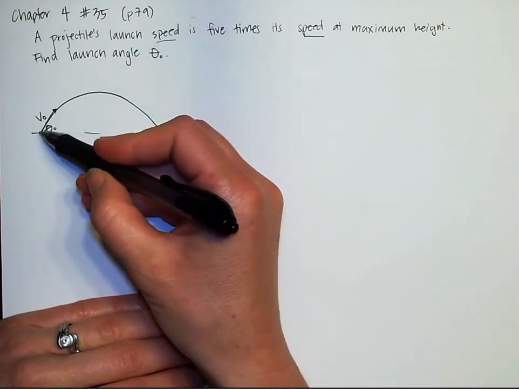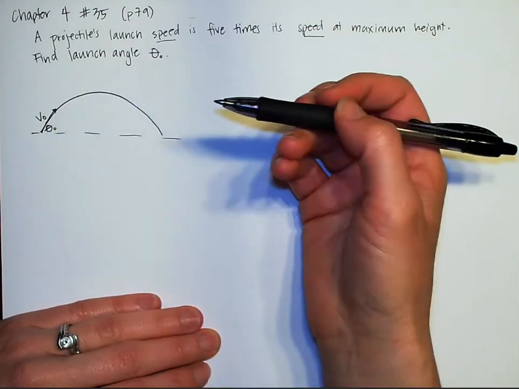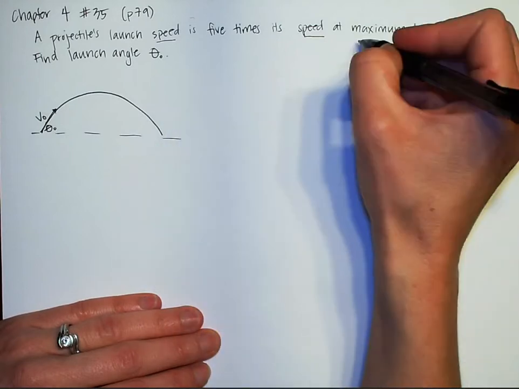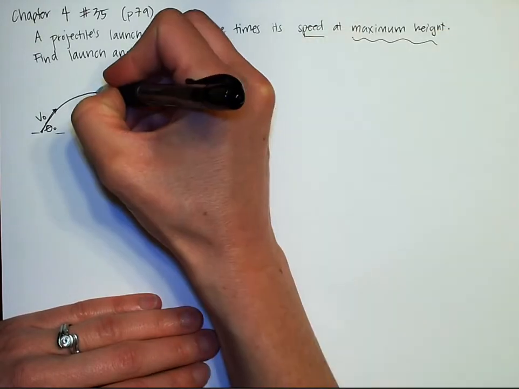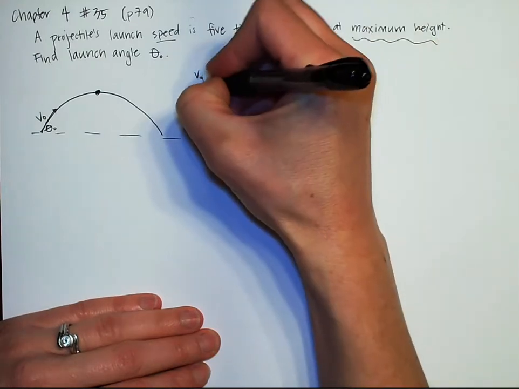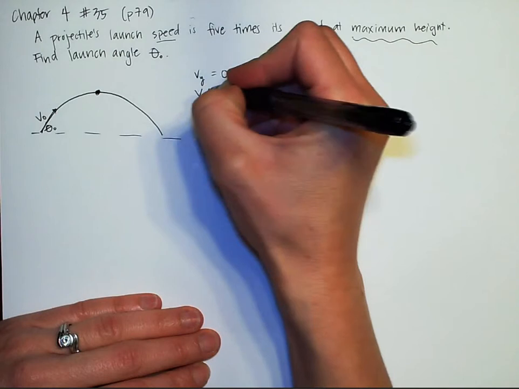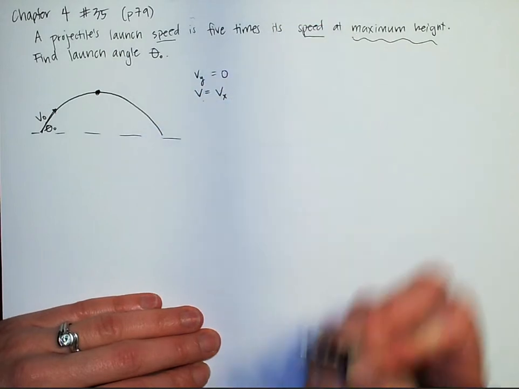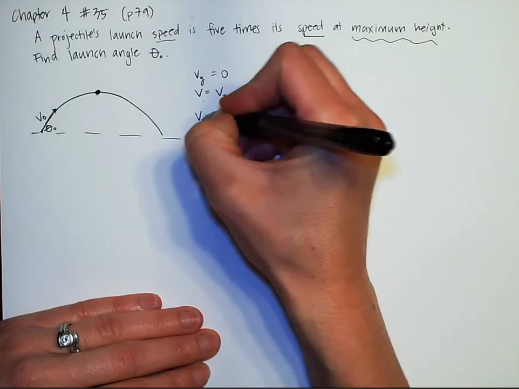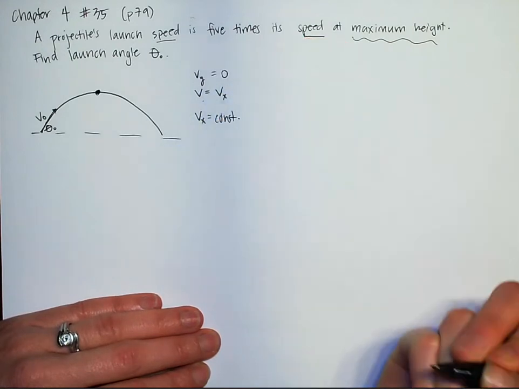And so our velocity, as we know, is at a certain angle. But the other piece of information you need to know in order to solve it is that at its maximum height, we know something about that velocity. We know that the velocity in the y direction goes to 0 there, and then the entire velocity is the x velocity. And we also know that our x velocity is going to be constant the entire time.